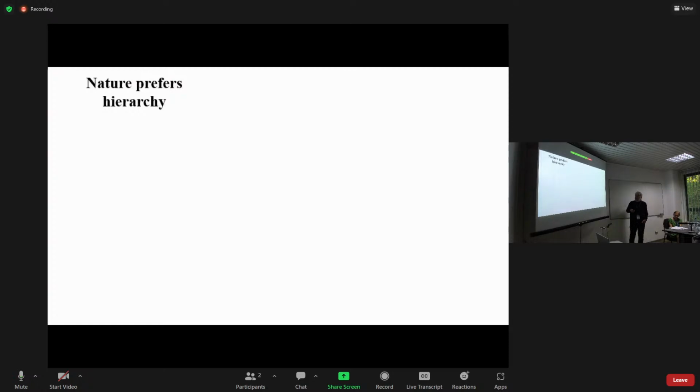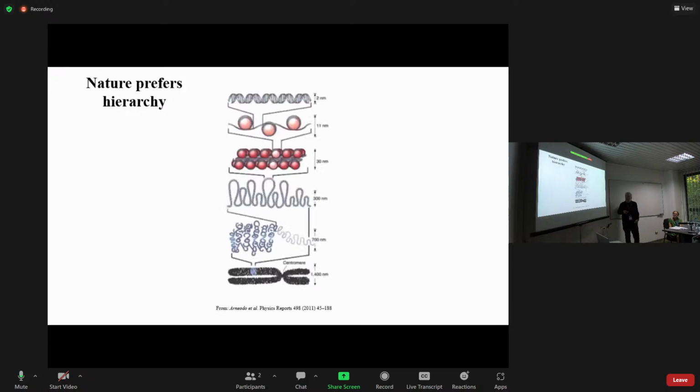Okay, so about hierarchy. Nature prefers hierarchy in structures it develops. Nature is the most superior material scientist there is. And one good example is the genome, starting from DNA and how it is packed in the nucleus and core particles and chromatin and so on.